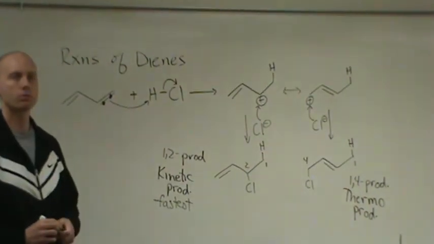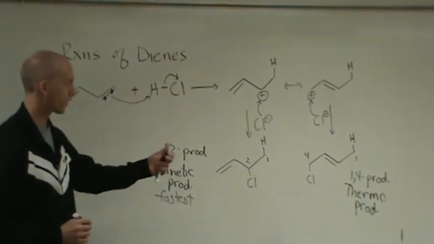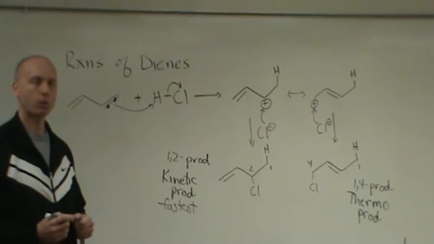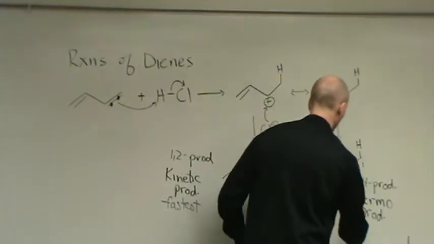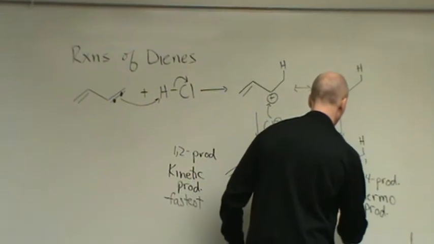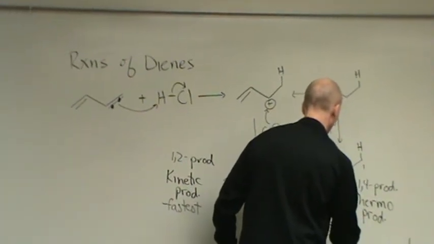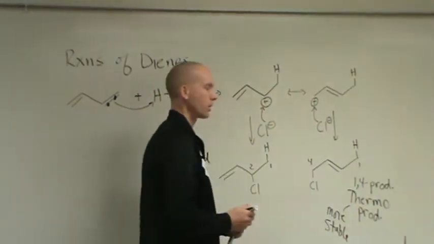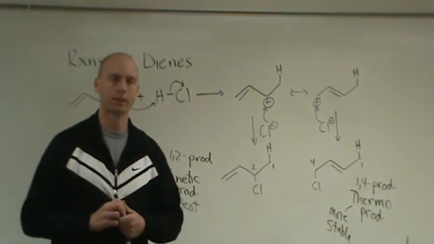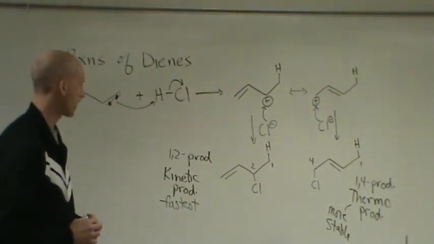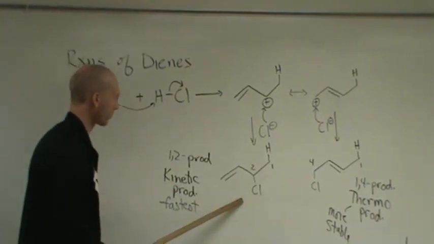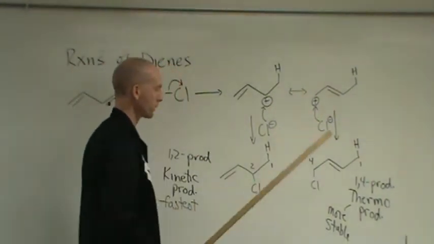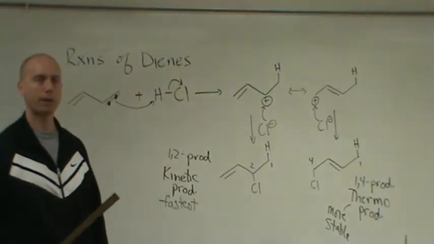Okay? When we have a thermodynamic product, what we say by it is that it is the more stable product. So let's see if we can answer why does this one form faster and why is this one the more stable product.